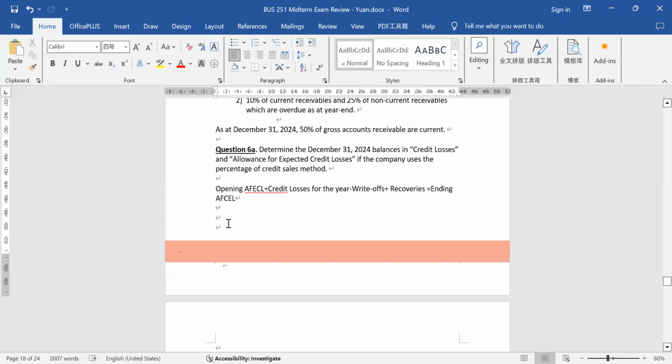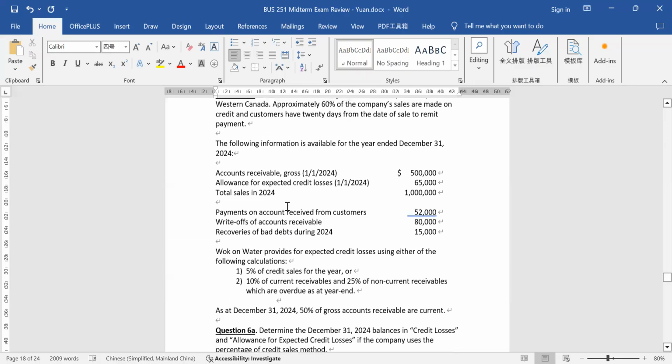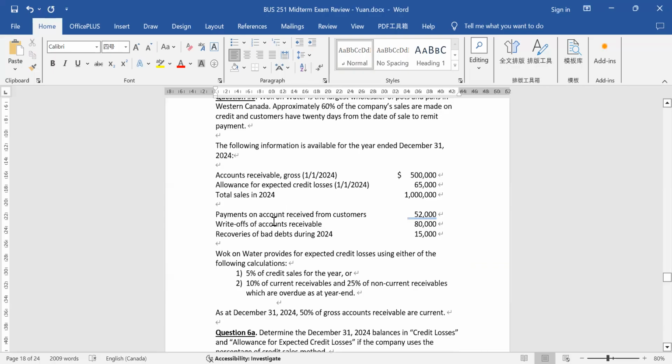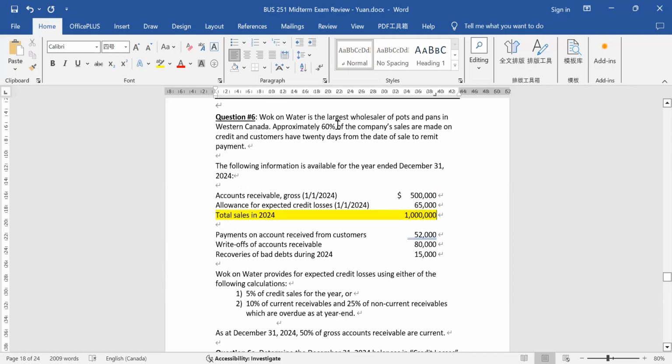So what are the credit sales? This is the total sales. And as you can see here, 60% of the company's sales are made on credit.